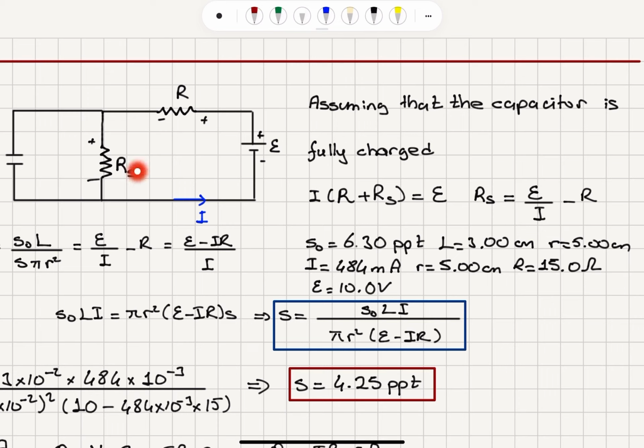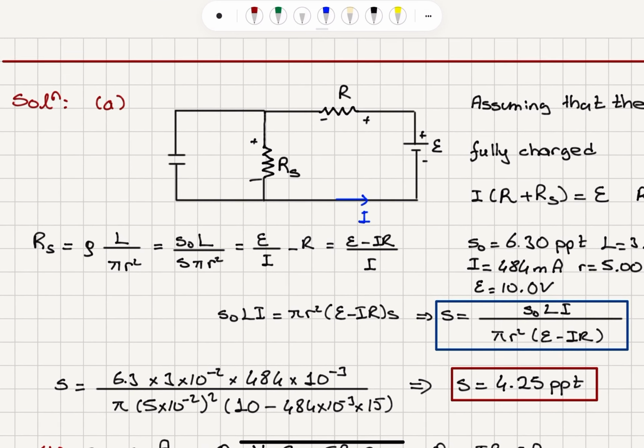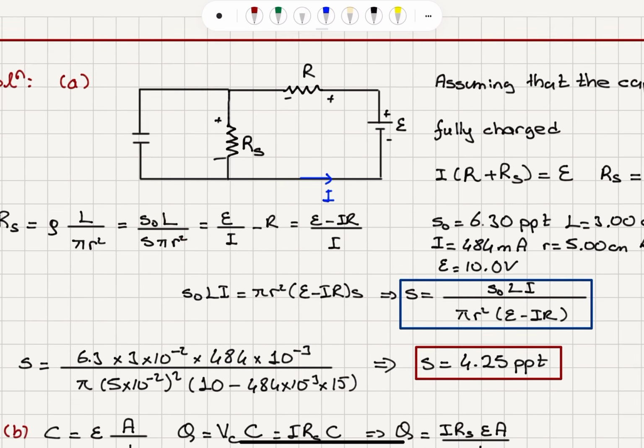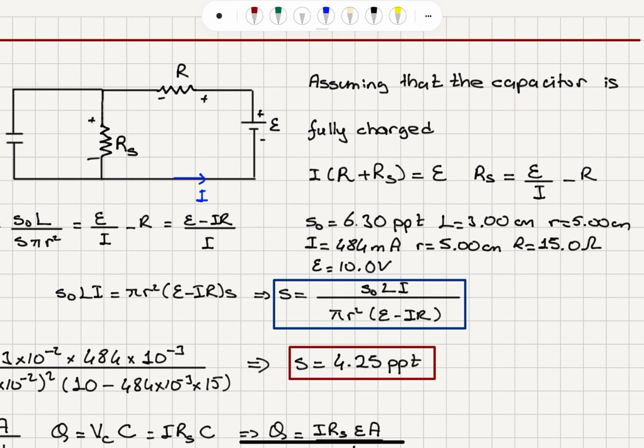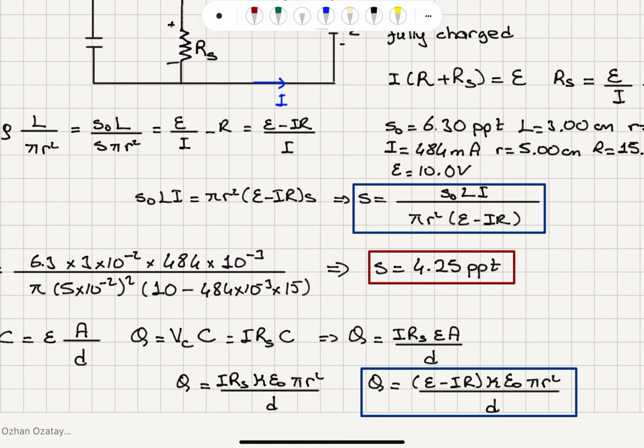So Rs, the resistance, is epsilon over I minus R, but it's also equal to rho L over A, which is rho L over pi R squared, where rho is given in terms of the salinity level as S0 over S. This allows us to write S in terms of S0, L, R, epsilon, and the resistance R. Substituting the given values, we can find the salinity level.